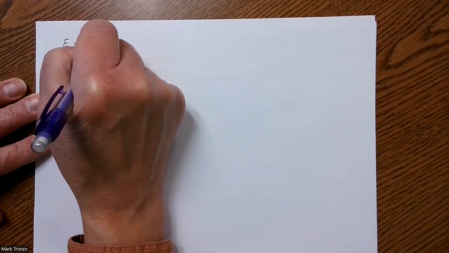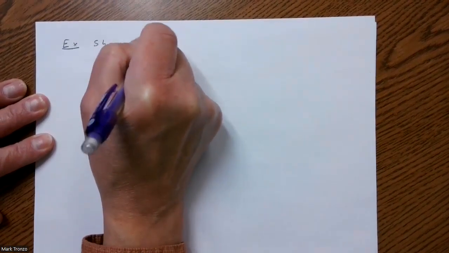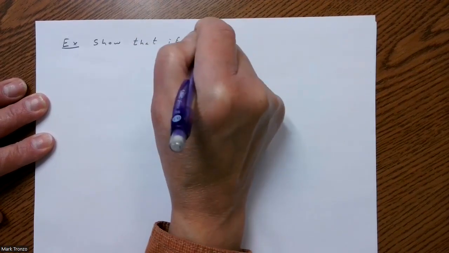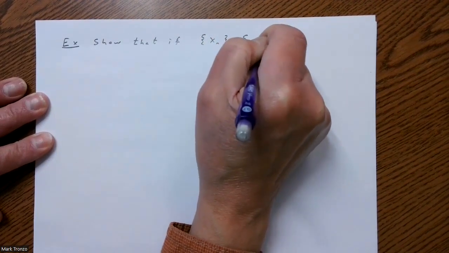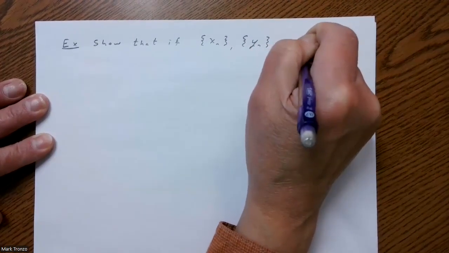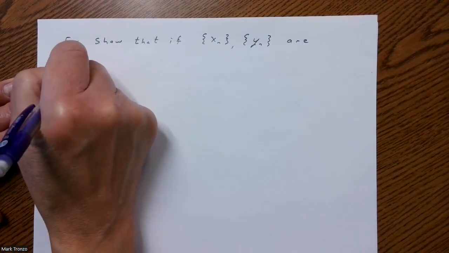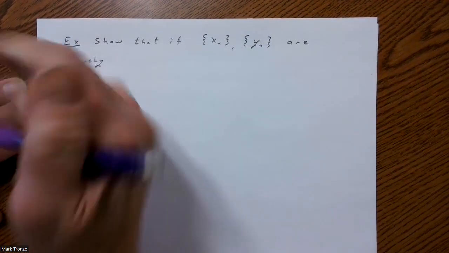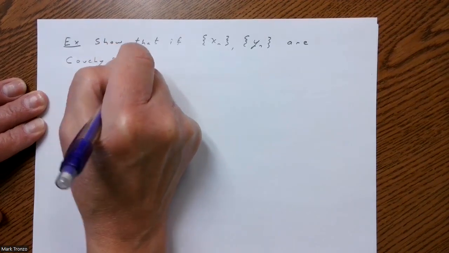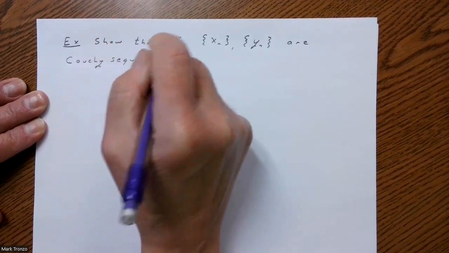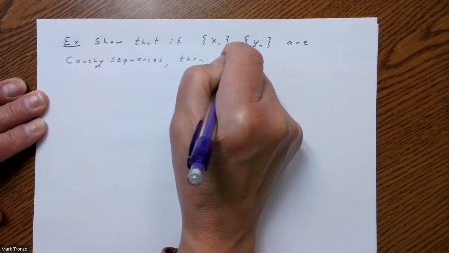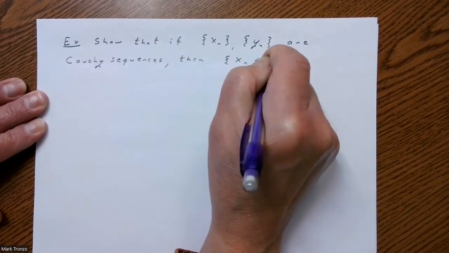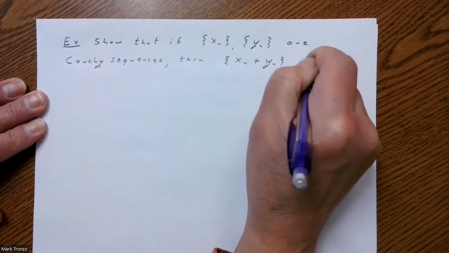Let's do this example: show that if xn and yn are Cauchy sequences, then the sequence xn yn is a Cauchy sequence.